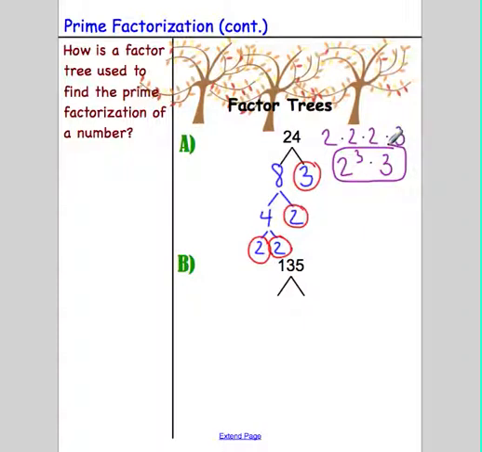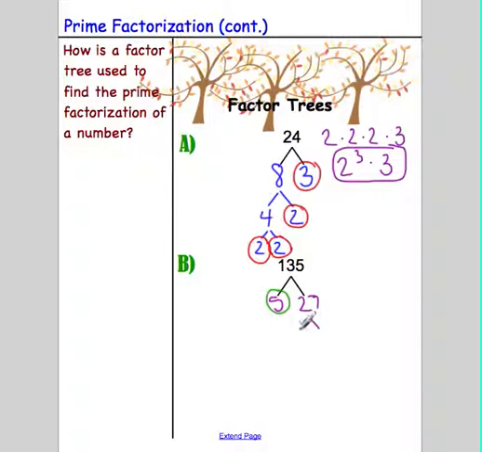Looking at the next one, the number 135, I know 135 is divisible by 5. If I take 135 and divide by 5, I get 27. I know that because 5 goes into 100 twenty times, because I get 20 nickels to $1, and 5 goes into 35 seven times. Then I add that together and I get my 135. I know that 5 is prime. So now I keep going and break apart 27.